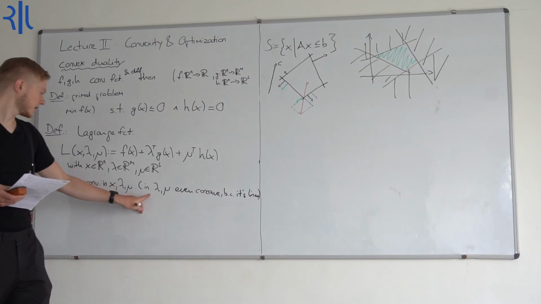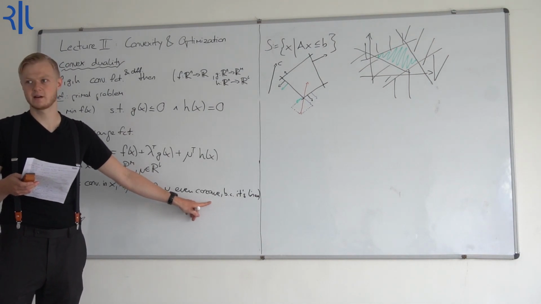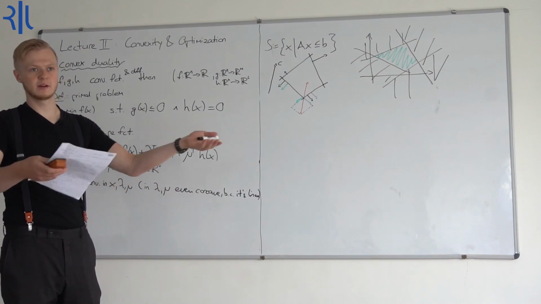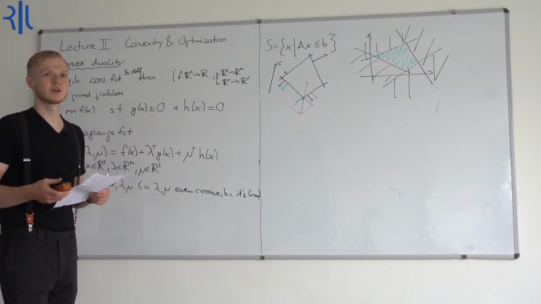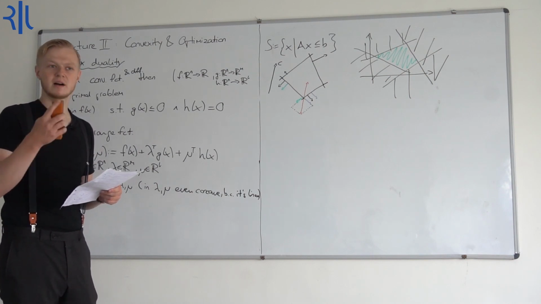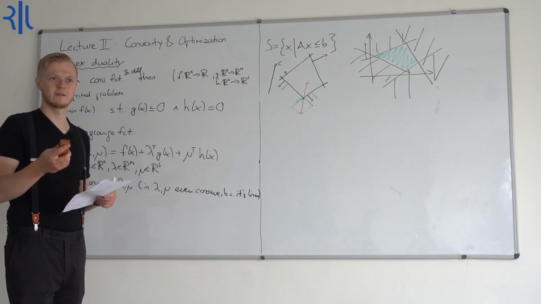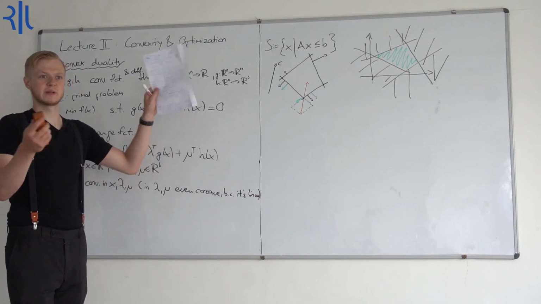It is even concave. Concave is kind of the same thing as convex. Oh yeah, sorry, I didn't explain that. But flipped. A function f is concave if minus f is convex. So basically you flip it.